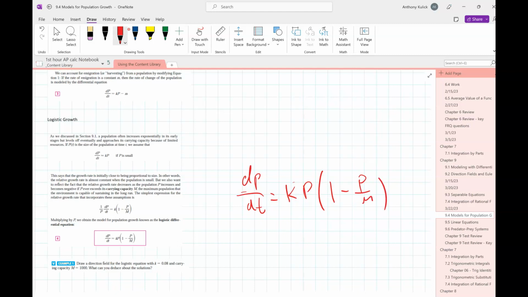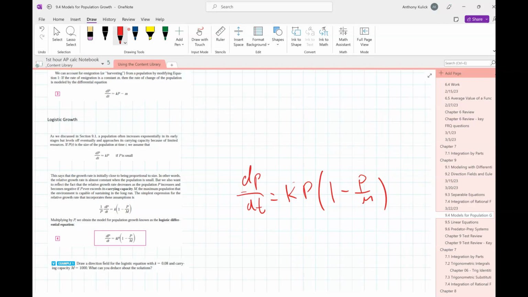So when the population is small, close to 0, p over m is close to 0, so the derivative of p with respect to t is just kp, which is behaving like an exponential. When p is close to m, then p over m is about 1, and 1 minus 1 is 0, so the rate of change should be 0.